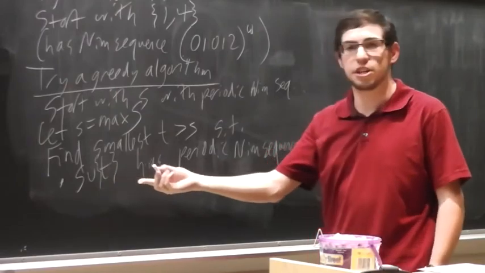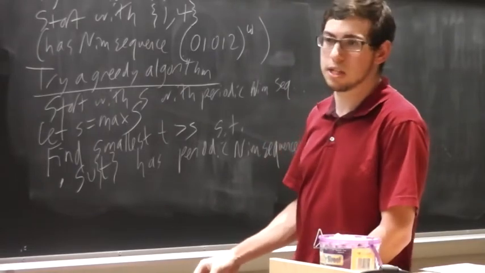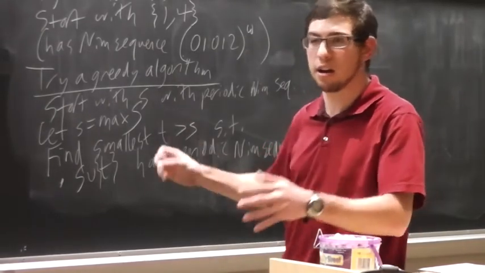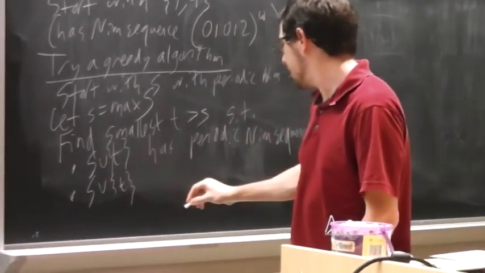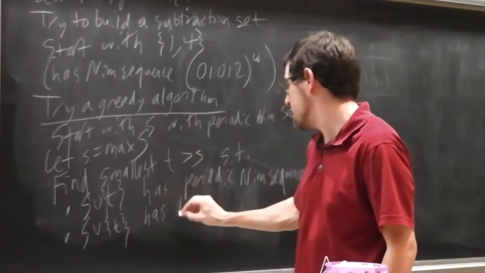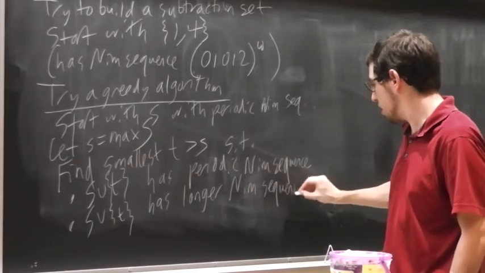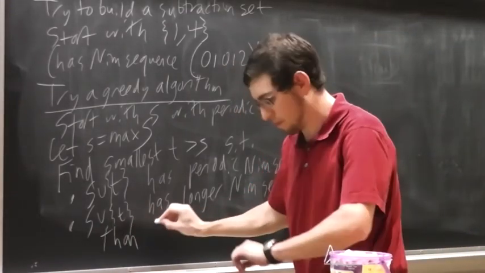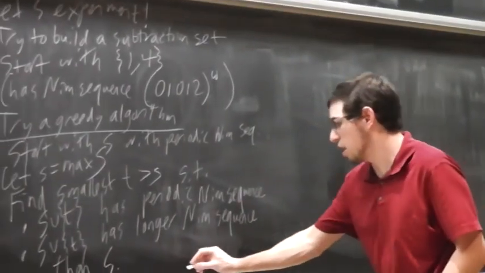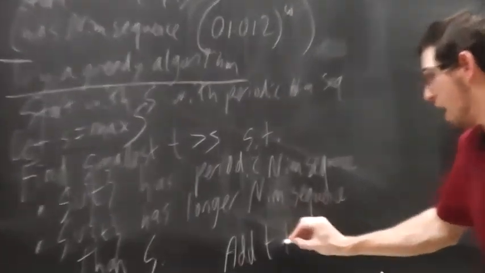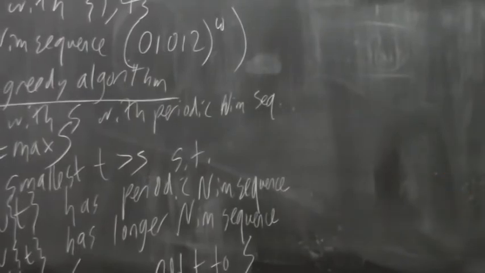But it could have happened that S union t has a periodic nim sequence because it has the same nim sequence as S. We want the nim sequence to grow because we want to eventually get something aperiodic. We don't want to stabilize on a period. So we also want S union t to have a longer nim sequence than S. So when we have these two properties, we can then add t to S. One thing you should be thinking is, why should such a t exist?